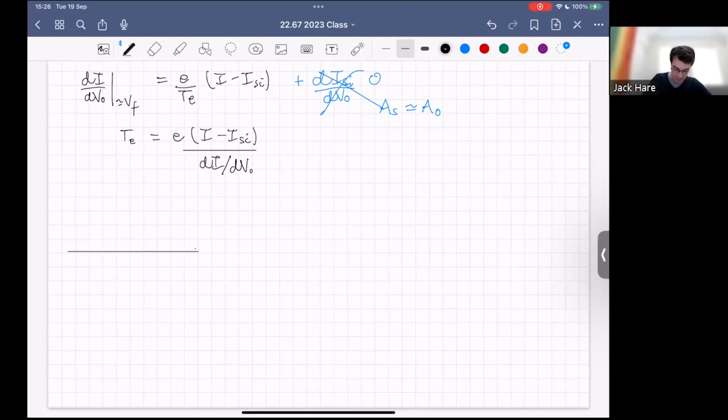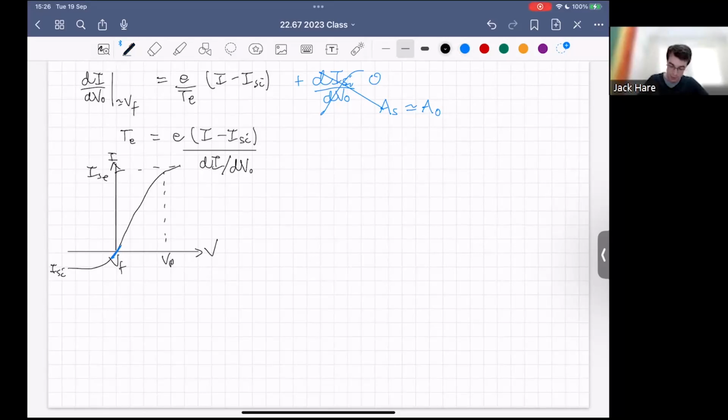And so if we look again at our plot of our IV characteristic for this probe, where we have the floating potential here, and we have the plasma potential up here, and the electron saturation and the ion saturation, we're working with the slope of the curve at this point here.